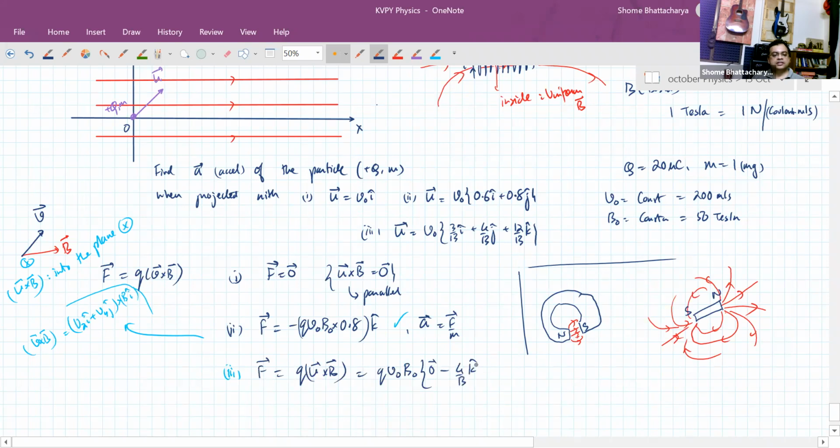And this term will give you now k cross i, which is j, so this will give you plus 12/13 j cap. So the magnetic force will have two components now. We'll have a plus y component and a negative k component.